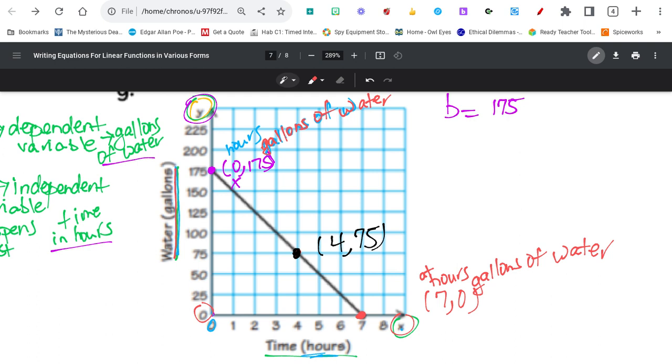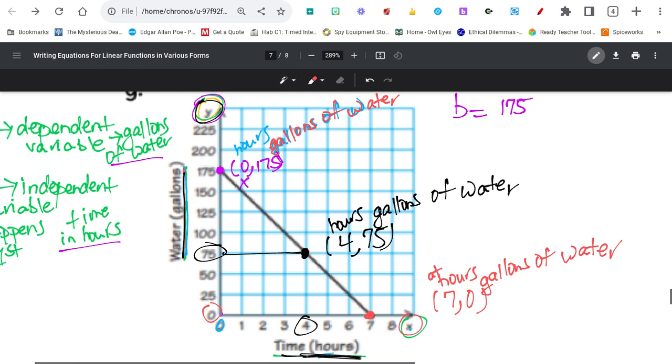You should distinguish that 4 is on the x-axis, so it's 4 hours. And 75 is on the y-axis, and that means gallons of water. So all that means is that after 4 hours, this container only has 75 gallons of water.